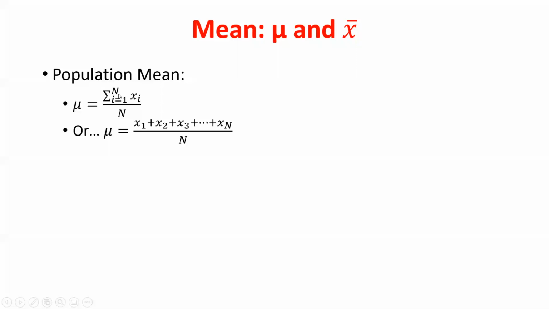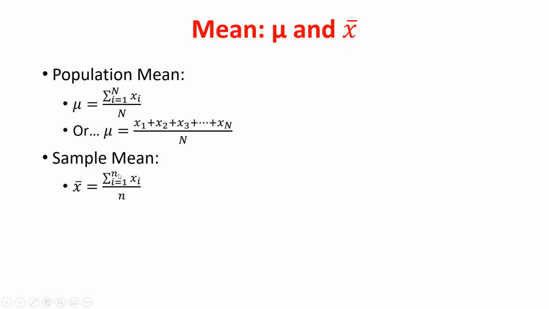So go from the first observation to the very last in the population data set, add up all the values for this variable X, right? Every single observation, whatever value is in there for that variable X, add them all up, and then divide by the total number of observations you had in that data set. Or if we wrote that summation out, we're just adding up every single observation in that data set.